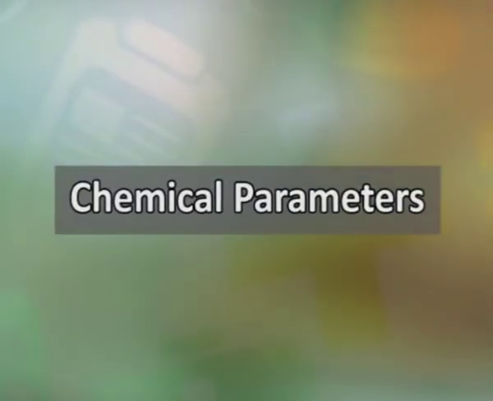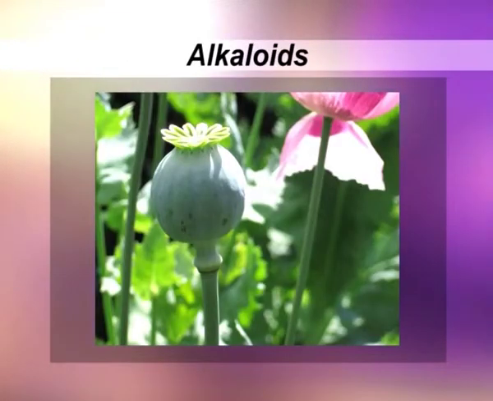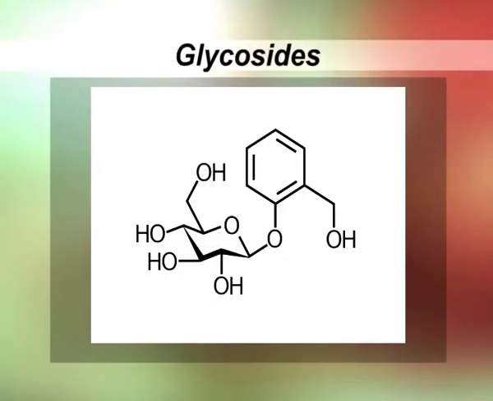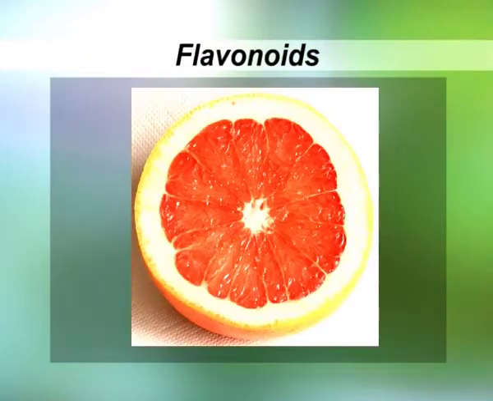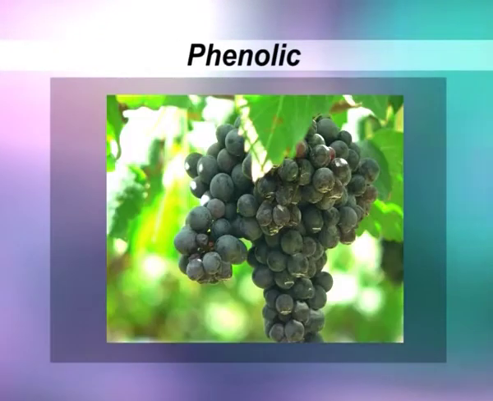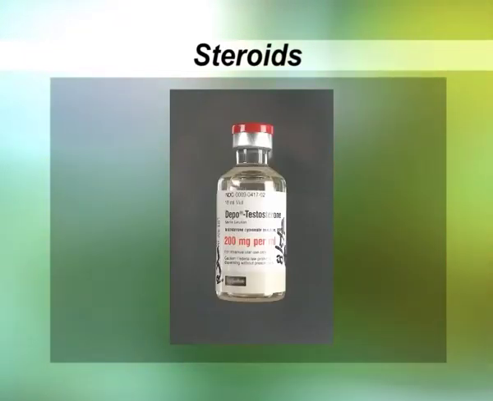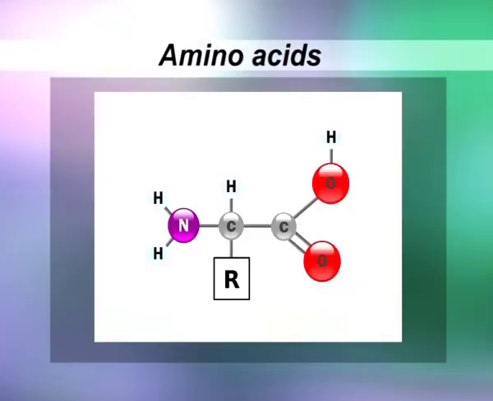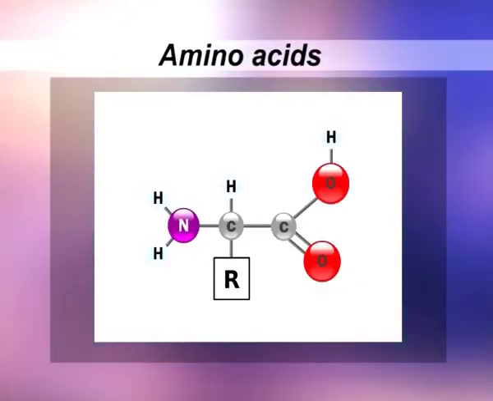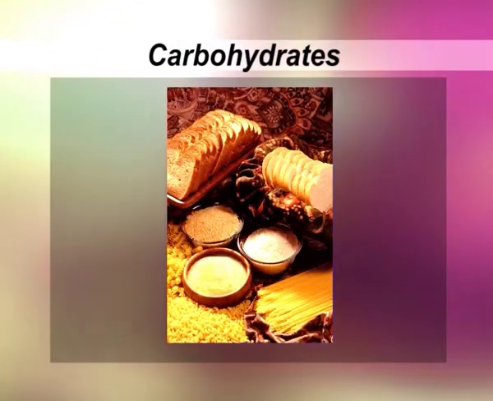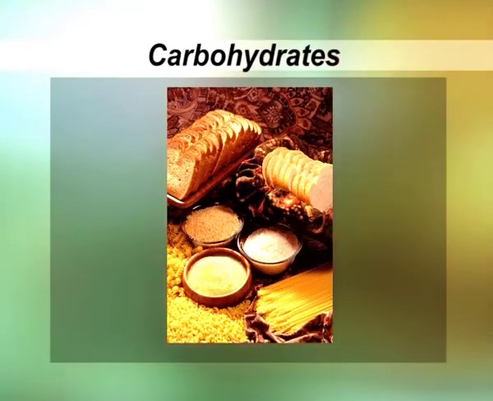Now come chemical parameters. The following parameters are involved in chemical evaluation: alkaloids, Dragendorff's test; glycoside, Molisch test; flavonoids, Shinoda's test; phenolic, lead acetate test; tannins, ferric chloride test; steroids, sulfoxide reaction; amino acid, ninhydrin test; carbohydrates, Fehling test and Benedict test.